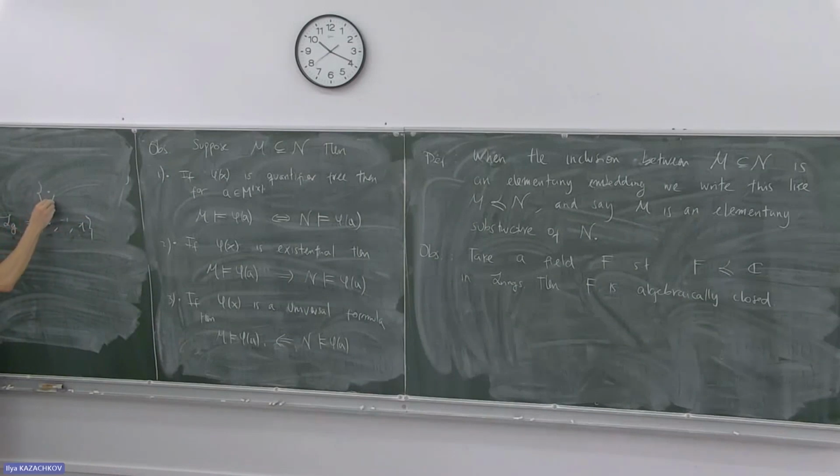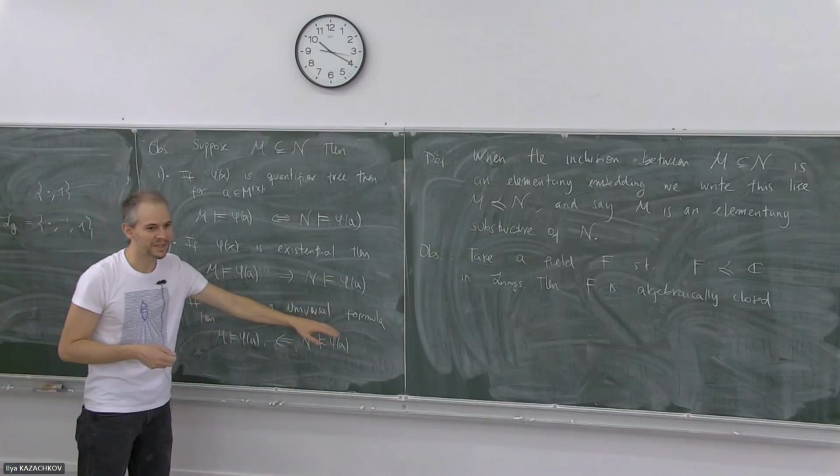But if I restrict my language just to this one, we were saying the substructures are going to be only monoids, right? Because I don't have this minus 1, so I don't enforce a substructure to be closed under inverses. The same is going to happen for the language of rings and a given field. If I have a field in the language of rings, the substructure might not be closed under inverses for multiplication. So what I get is only, I will still get an integral domain. So I cannot have divisors of 0 because this is a universal formula. And universal formulas, we said they go down, right?